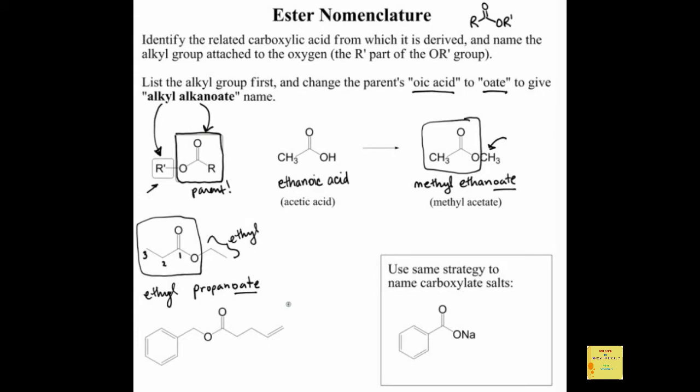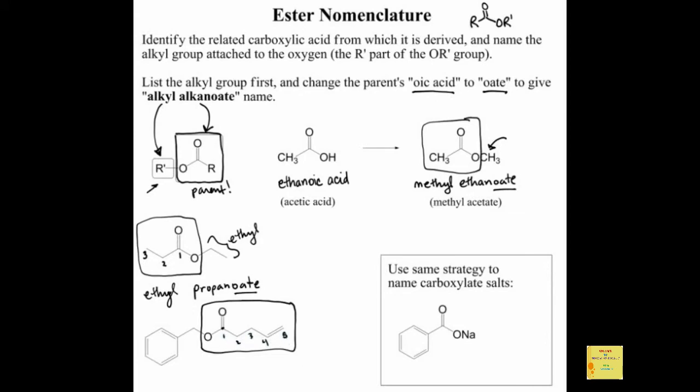Let's try another one. This one's a little more complex. Here's our parent ester, our parent chain, because that came from the carboxylic acid. Remember, the carboxylic acid is the highest priority functional group, so that must be our parent. We're going to number from there, 1, 2, 3, 4, 5.